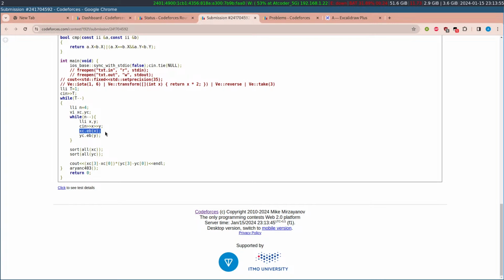For all the points, I separately put the x coordinate and y coordinate in them. I sorted them, took the difference of maximum and minimum, and printed it out over here.